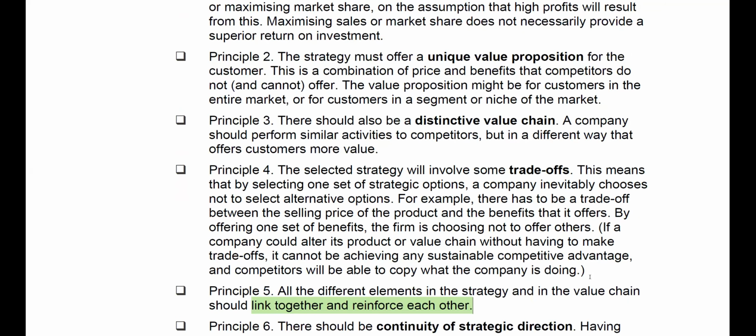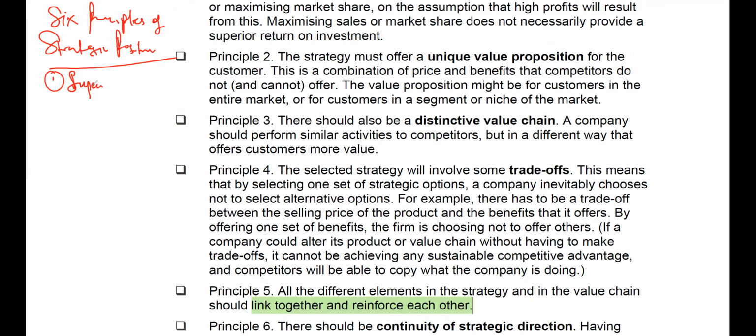So the 6 principles of strategic positioning, are they okay? Yes. So what are they? 1, we must fight for a superior ROI. That's you should have a strategic goal to achieve a superior long-term return on your investment.